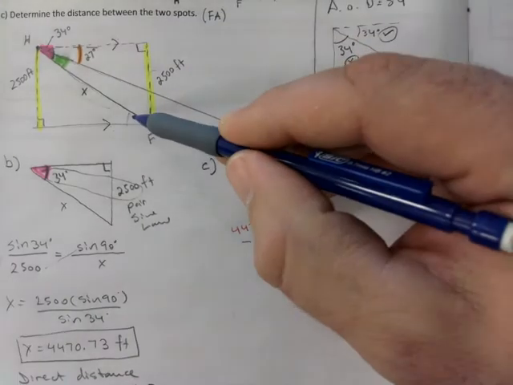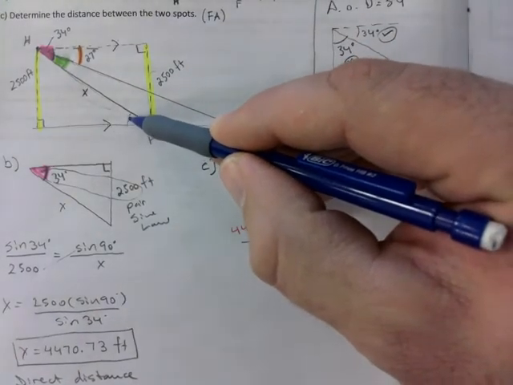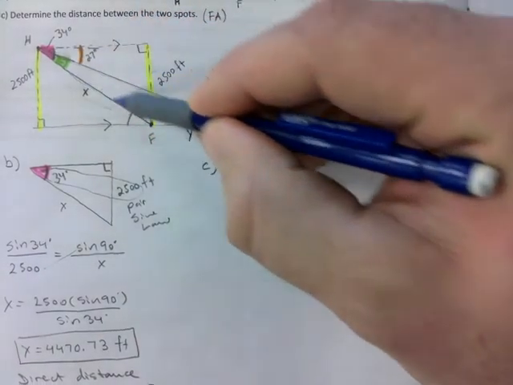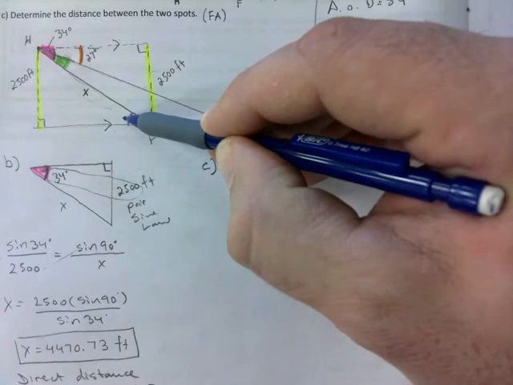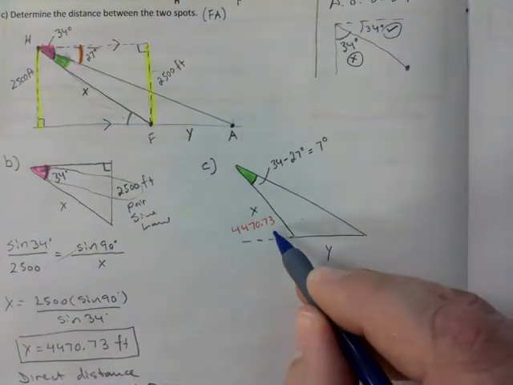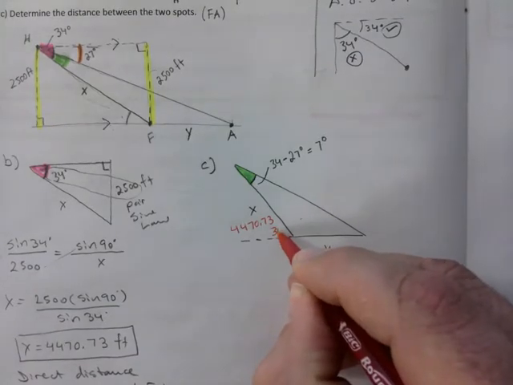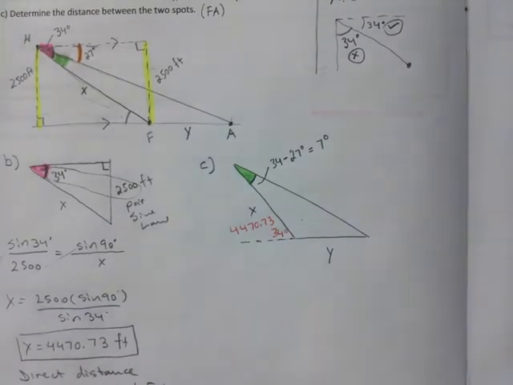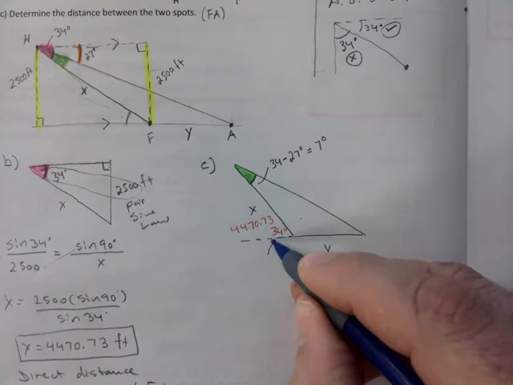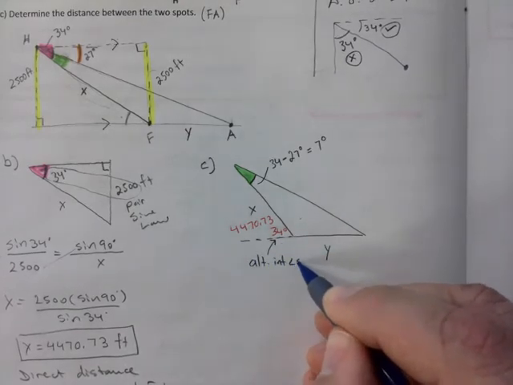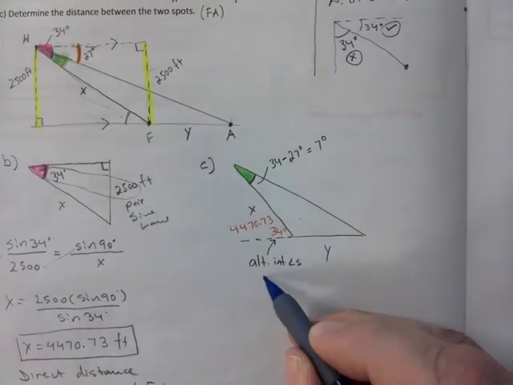Like if I talk about, I just talked about that, this is what? This is 34. You brought it down here. So this is 34 degrees. And I'm going to tell you how I got that, right? Alternate interior angles are congruent.